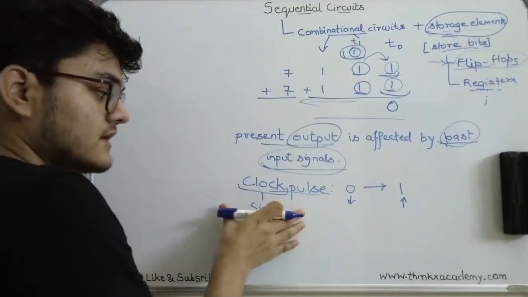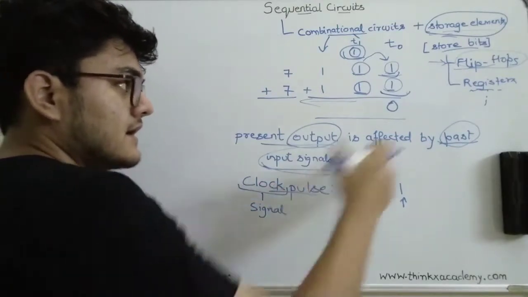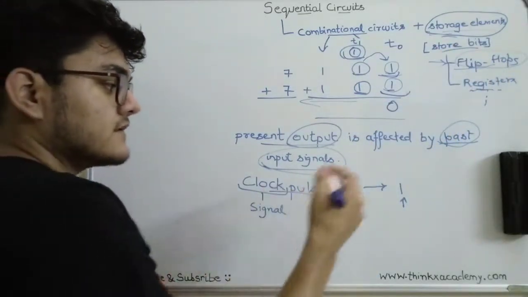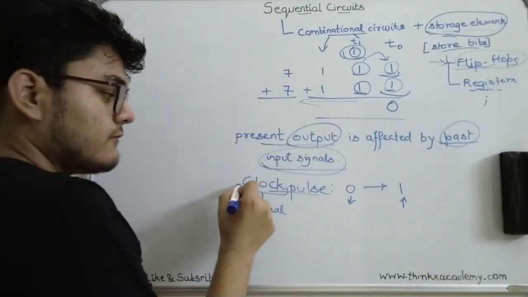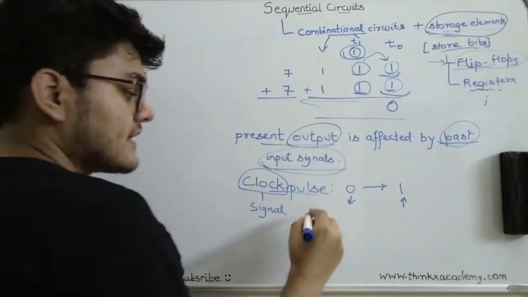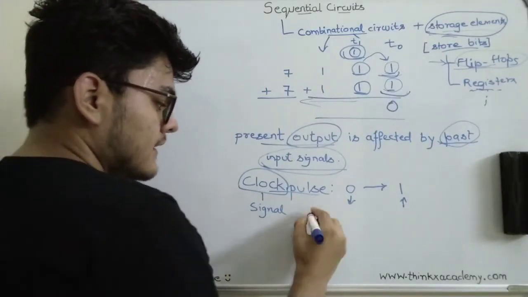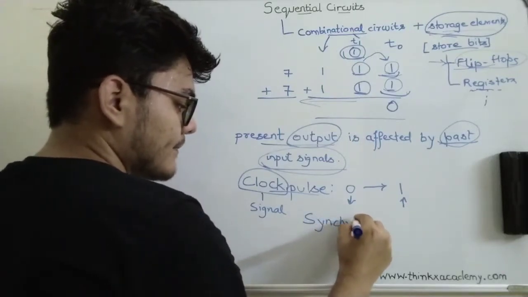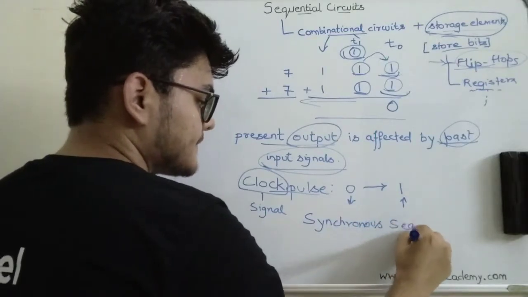So when we are using a clock, we are actually changing data stored inside the storage elements after some instance of time. When we make use of a clock, we call these types of sequential circuits synchronous sequential circuits.